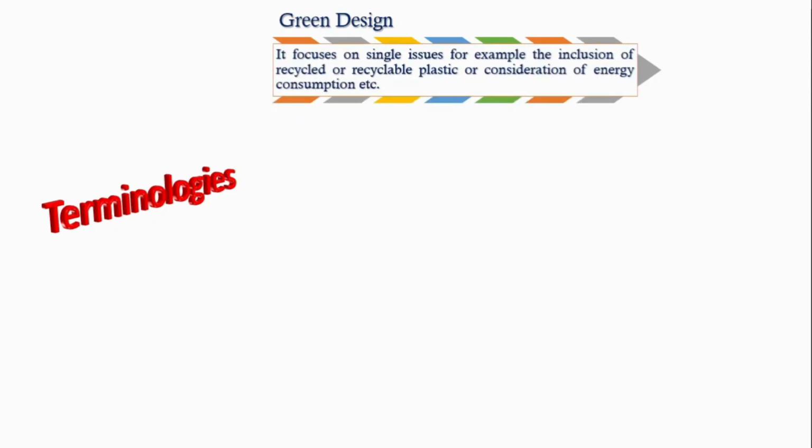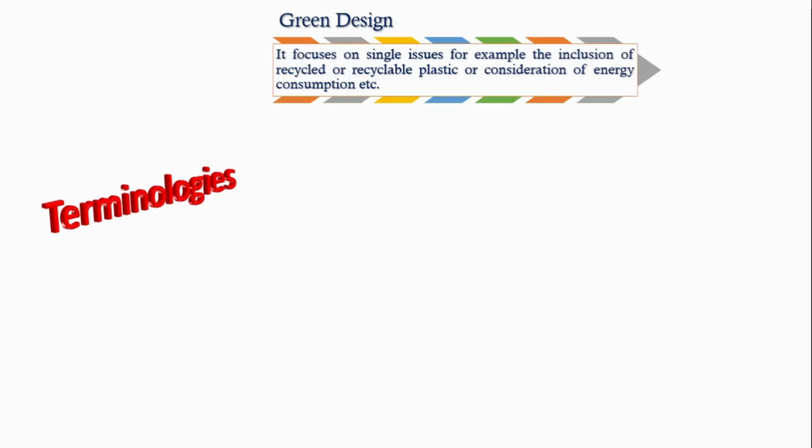Basically, green design focuses on a single issue. This single issue can be anything like the inclusion of recycled material or recyclable plastic, consideration of energy consumption, or utilizing a proper manufacturing process, any one. So we are just focused on a single issue at a time. This type of design comes under the category of green design.